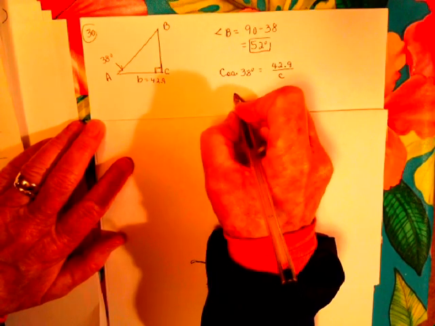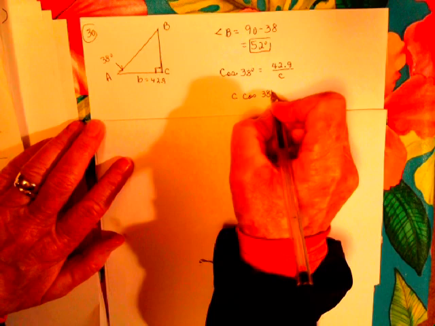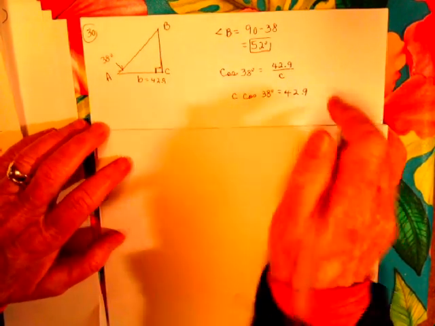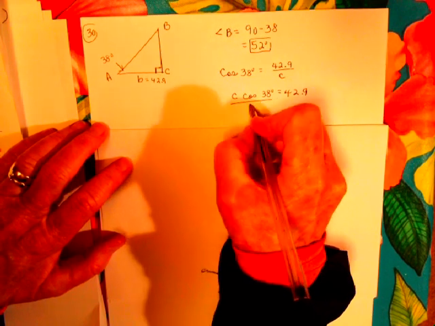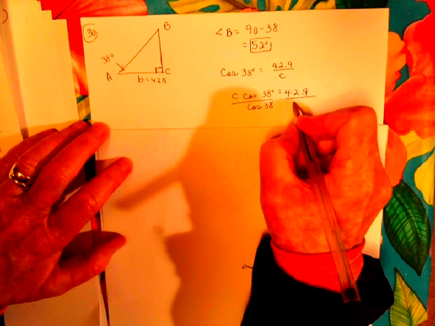Multiply both sides by C. C cosine of 38 degrees equals 42.9. Divide both sides by cosine of 38. Be sure your calculator is in degrees.